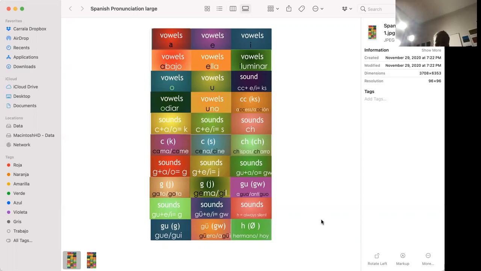Now, you also have other sounds in the language. For example, you have the C. The pronunciation is in the parentheses. It's like a KS, acción. You know, my pronunciation of the CC is not very good in Spanish. I have never been able to pronounce the CC very well.